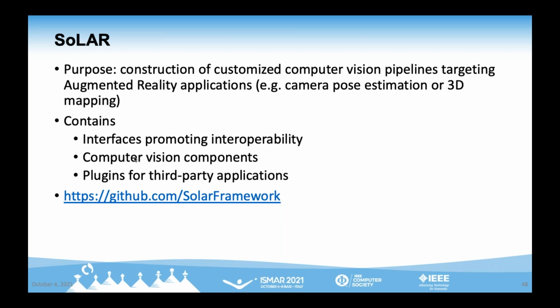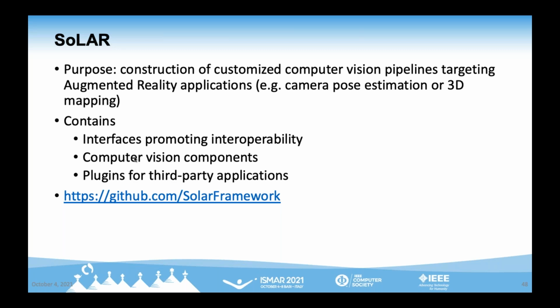And it provides interfaces so that if they're implemented, they can be reused in applications, and developers don't have to start from scratch. There's also a suite of computer vision components that are open source, and there are plugins for third-party applications such as Unity. It is available on GitHub, and it's very well documented. It has its own website, and it is an active project.